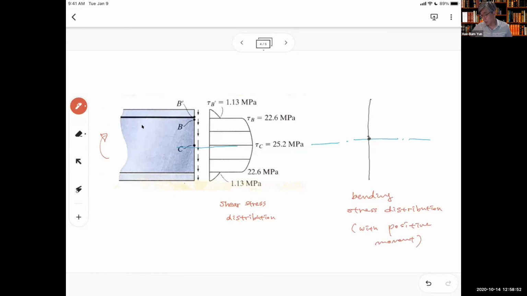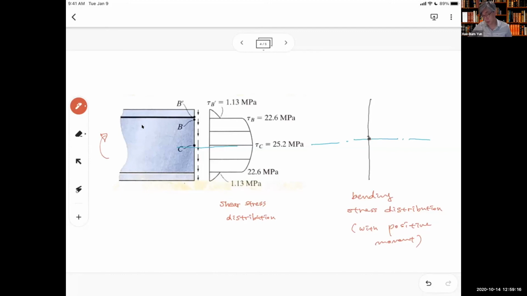So bending stress at the neutral axis is 0, right? Awesome. And we know that we have a maximum bending stress. Yes, this is the I-beam.